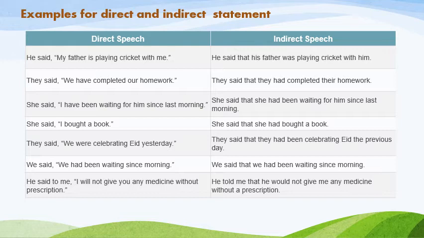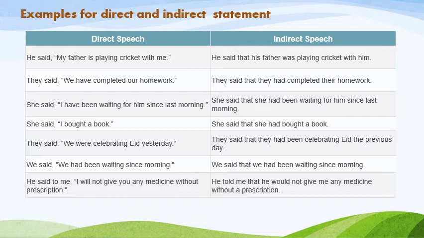Firstly, I have the word "said." It is the same word here because I don't have "said to." If it was "said to," I can write "told" here, but I have the word "said," so it's going to be the same. And I have to remove the speech marks and write the word "that."